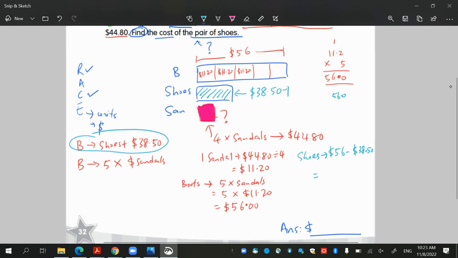So $56 minus $38.50 is how I would do my usual subtraction, and my answer is $19.50.